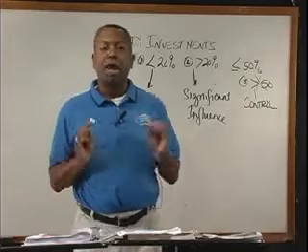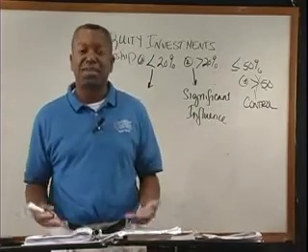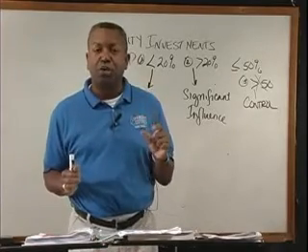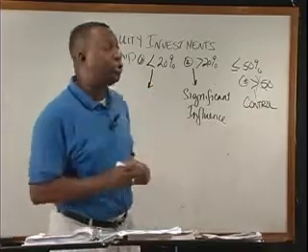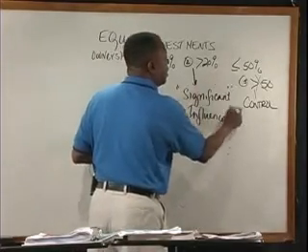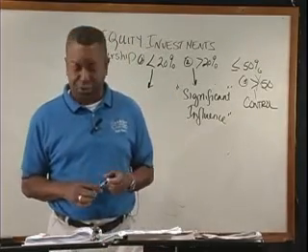So when you are answering problems at the end of the chapter or on the exam, you must look for not only the percentage ownership, but you also must look out for this term, significant influence.